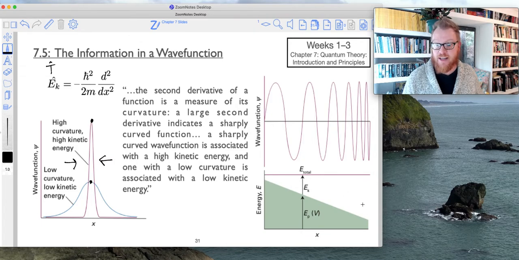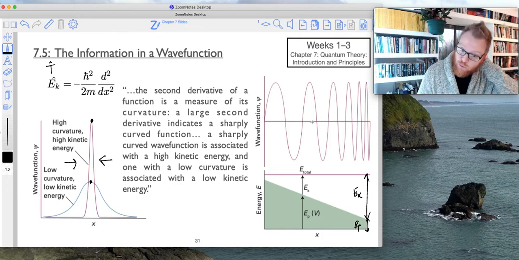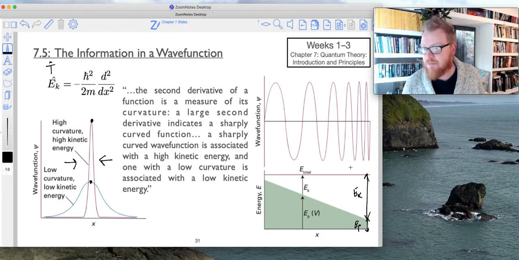So if my total energy is constant, then to the right of this diagram, you can see there's a large kinetic energy and a small potential energy. But as we move to the left of this diagram, fixing the total energy, we could see the potential energy is in fact not constant through this diagram. Rather, it's changing. When we see something like this in our wave-particle duality, we would interpret this as a particle moving to the right.